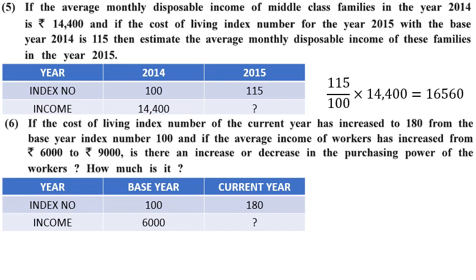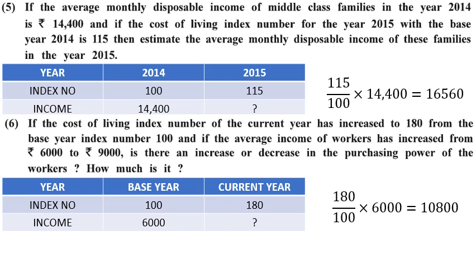Index number for base and current is 100 and 180, while income is 6,000, and then we have to calculate what it should be, and once we know what it should be, we will compare it with what it is and check the difference. Your estimate of income is 10,800. That means your income should be 10,800 because the index number is 180.